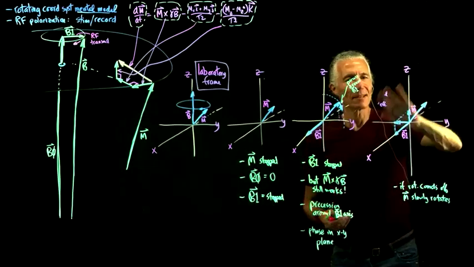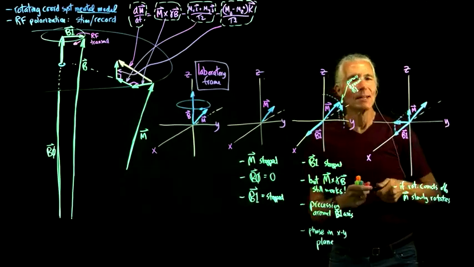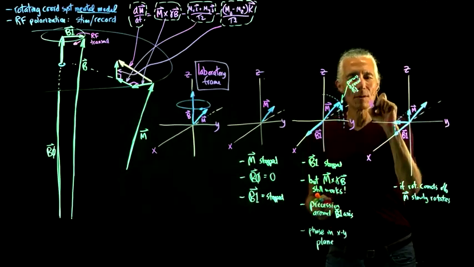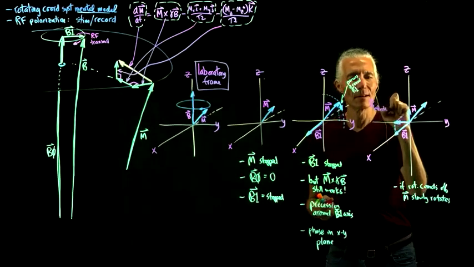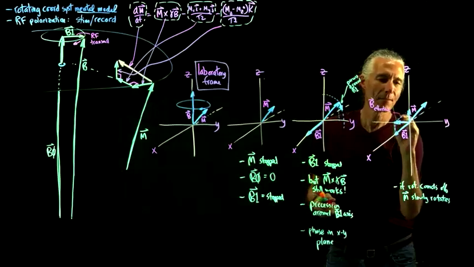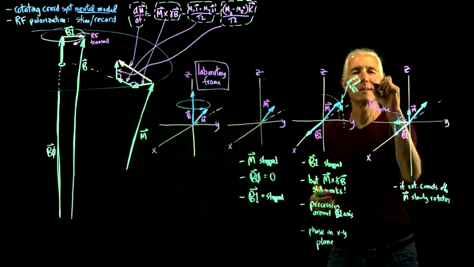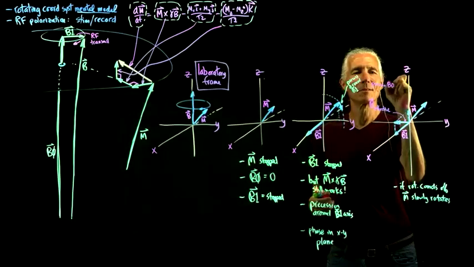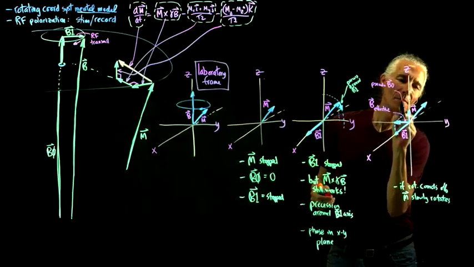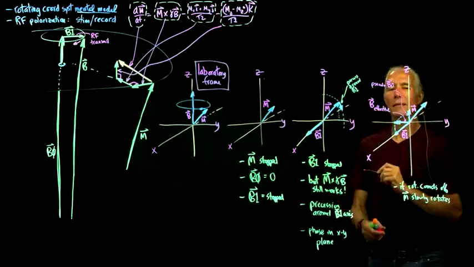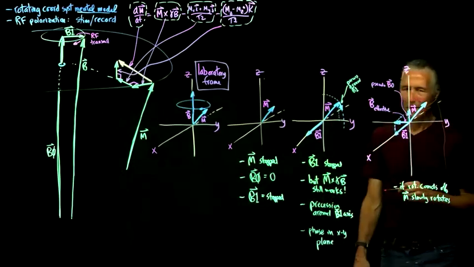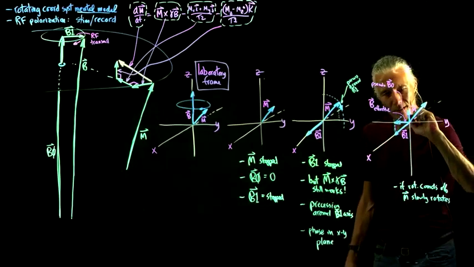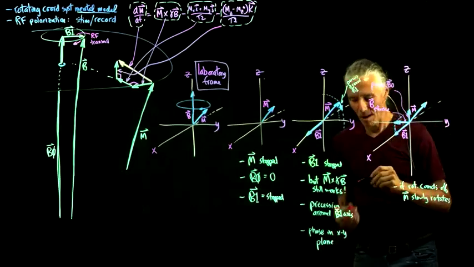Let's relabel that. So this guy is the total B effective. And this is the pseudo B0, because we set the rotation frequency of our rotating coordinate system wrong.